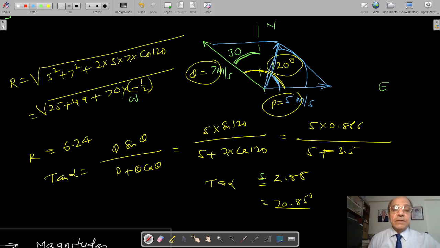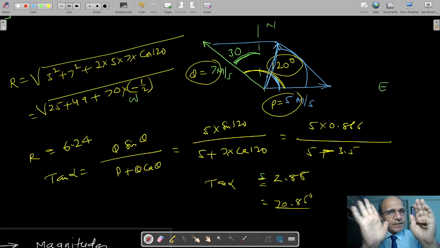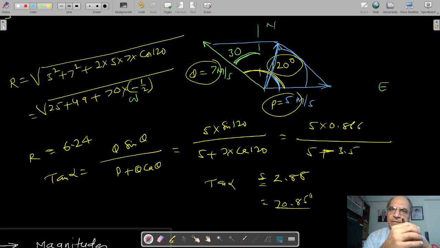Okay. So this is one method of calculating the resultant of two vectors. You just need to know two vectors p and q, that means you know their magnitude and directions.